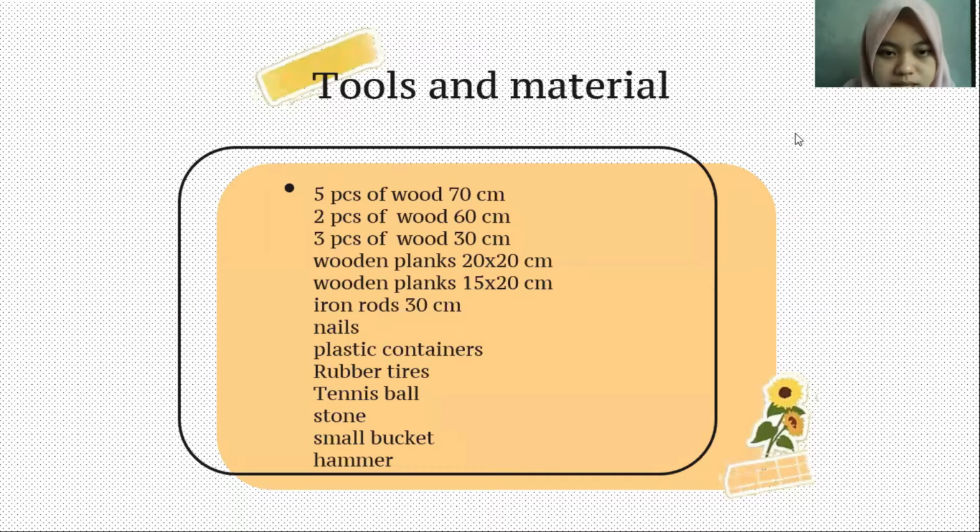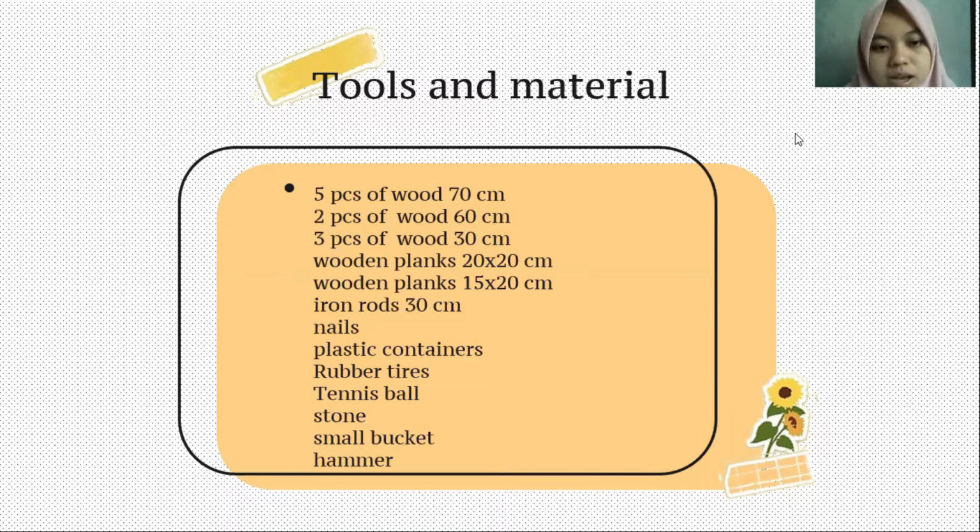The next is how we design our catapult. We created our catapult design with one side heavier, so when we apply the force on the other side and then release the force, the catapult will return to its original position, so it can throw the ball.